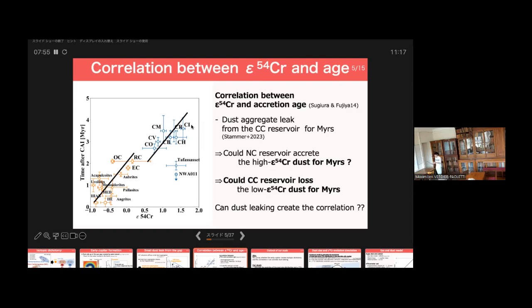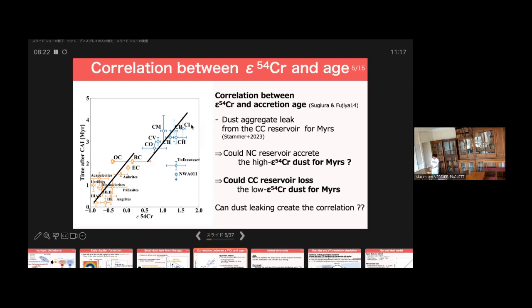That leads to an increase of epsilon 54 chromium over several million years. And if the CC reservoir lost small particles by diffusion, it lost relatively low epsilon 54 dust for several million years.